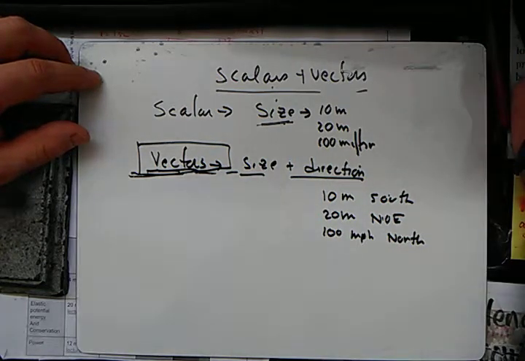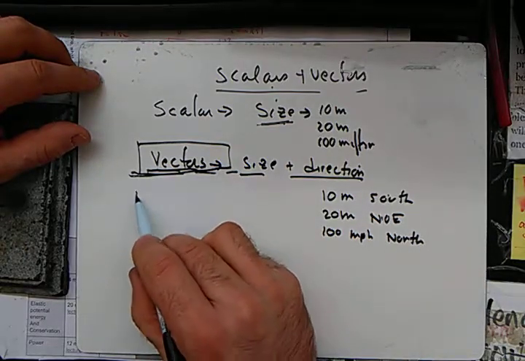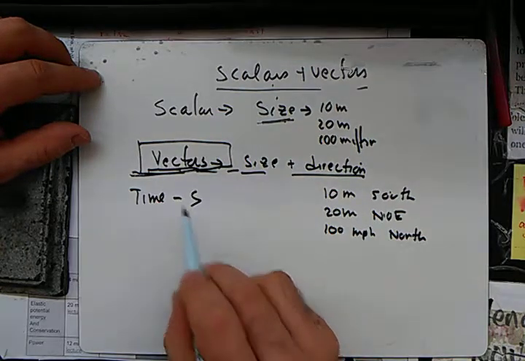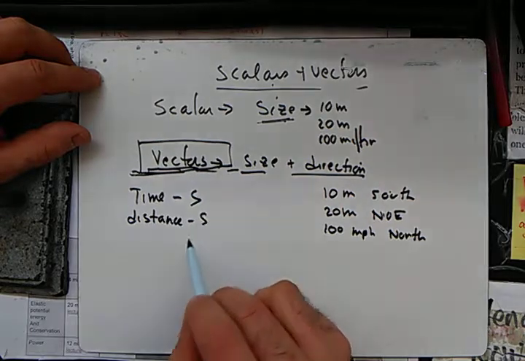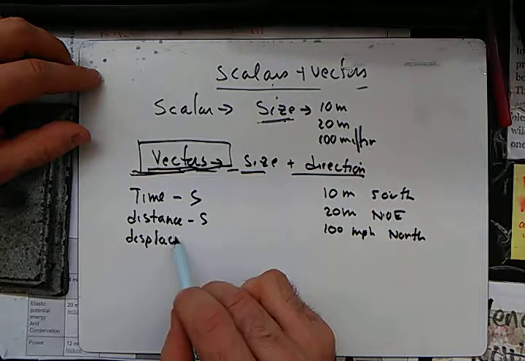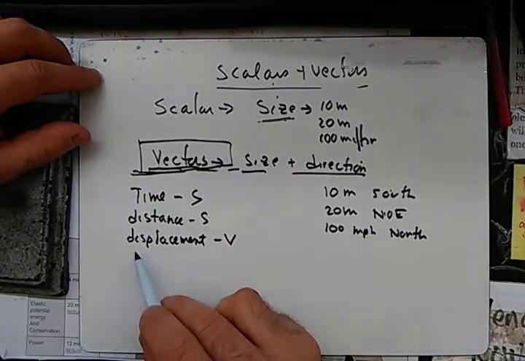Okay, so let's just get you some examples of vectors or scalars. Time is a scalar. Distance is a scalar. Displacement is a vector.